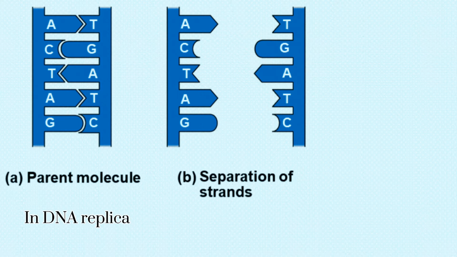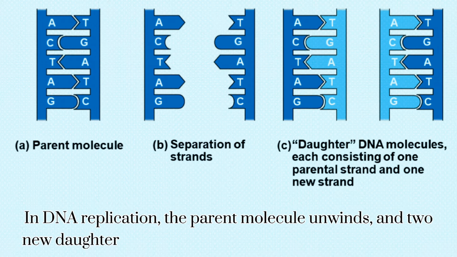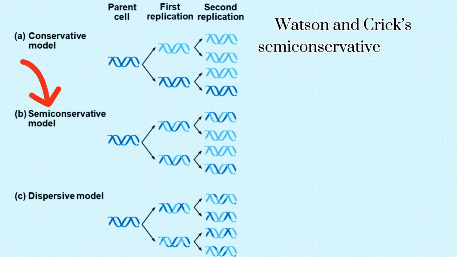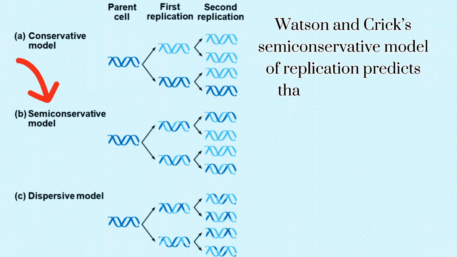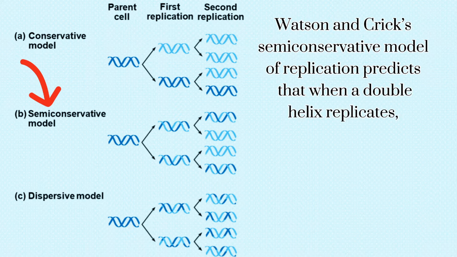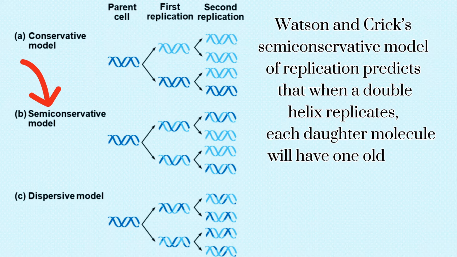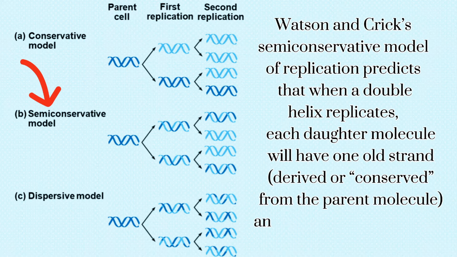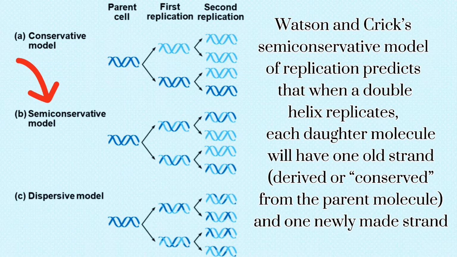In DNA replication, the parent molecule unwinds and two new daughter strands are built based on the base pairing rules. Watson and Crick's semi-conservative model of replication predicts that when a double helix replicates, each daughter molecule will have one old strand, derived or conserved from the parent molecule, and one newly made strand.